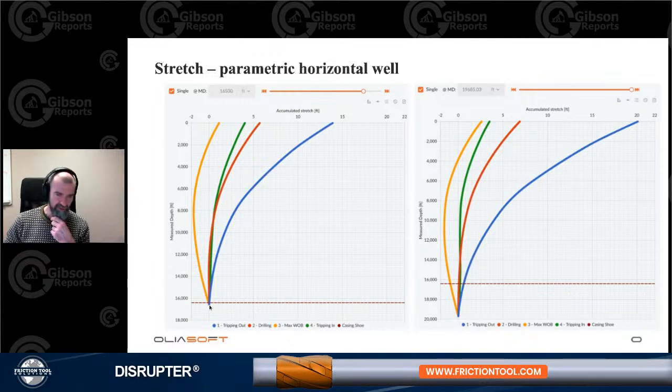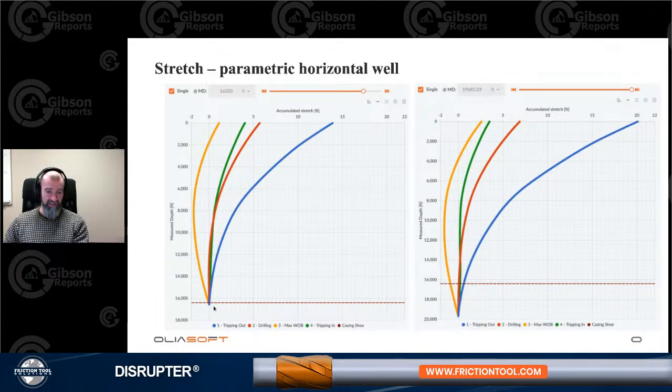Oh, it's actually slightly below. So here we add a little bit of weight on the bit, but it doesn't really affect the stretch that much. It's more or less close to zero, and we're not getting stretch in the drill string before we get into a more vertical part of the well.